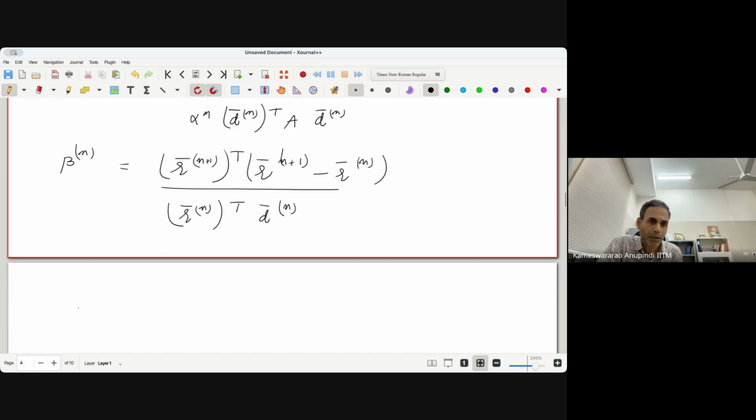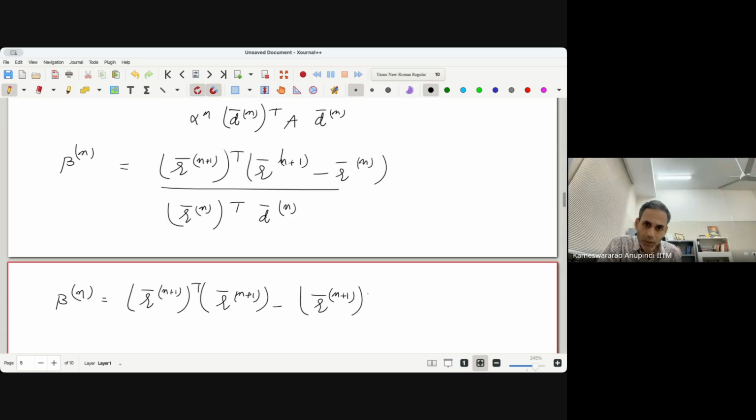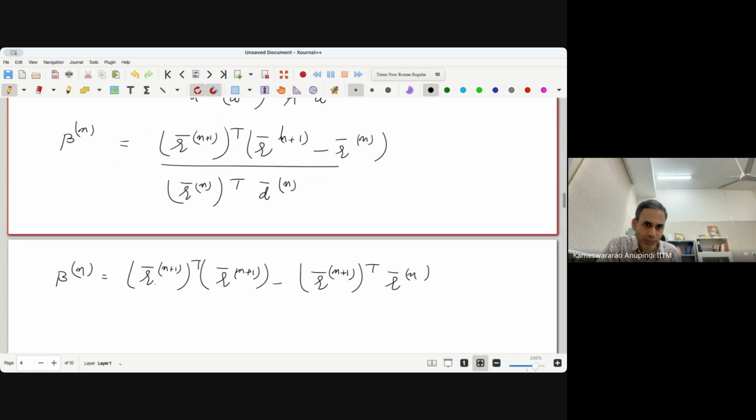Let me now try to simplify this further. So beta_n is going to be, I multiply with this quantity, so we have R bar_{n+1} transpose R bar_{n+1} minus R bar_{n+1} transpose R bar_n. I don't need to write these parentheses actually.